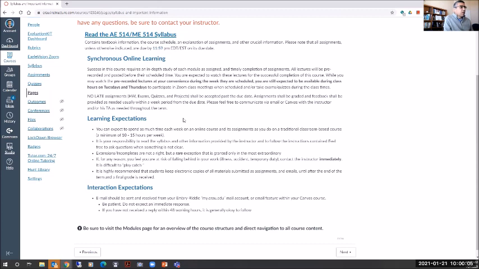So 10 to 15 hours per week is a good range. It is your responsibility to read the syllabus and other information provided by the instructor and follow the instructions contained.